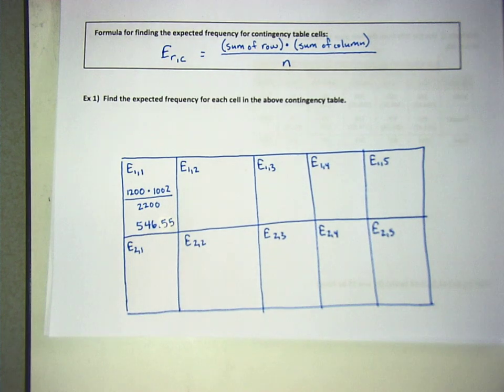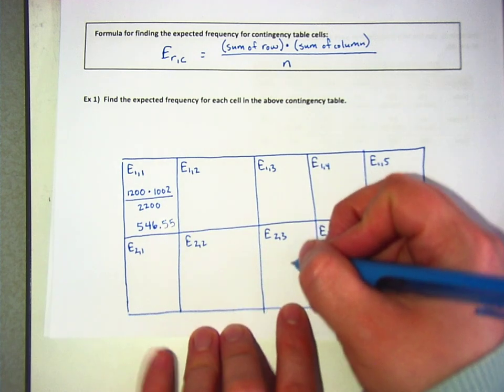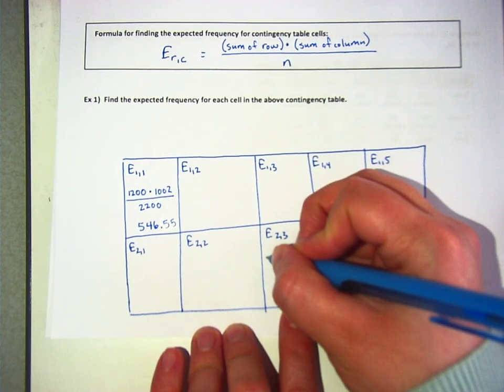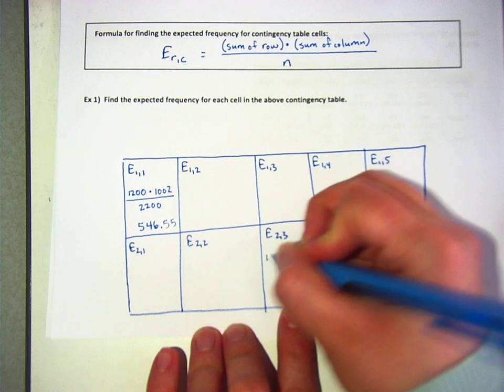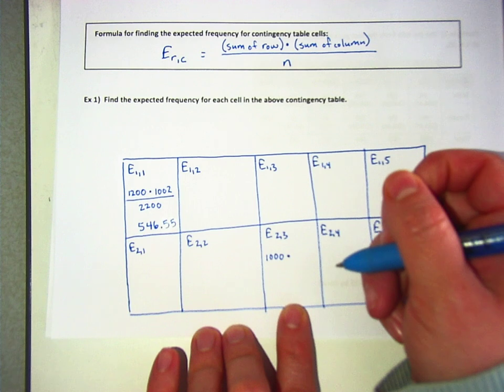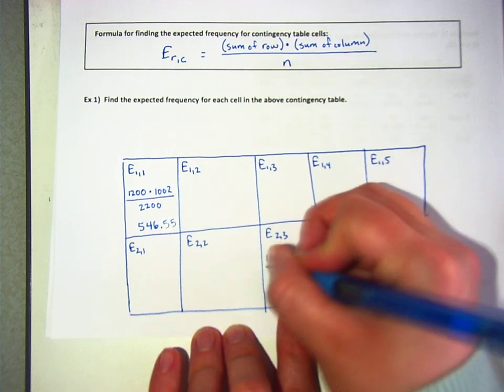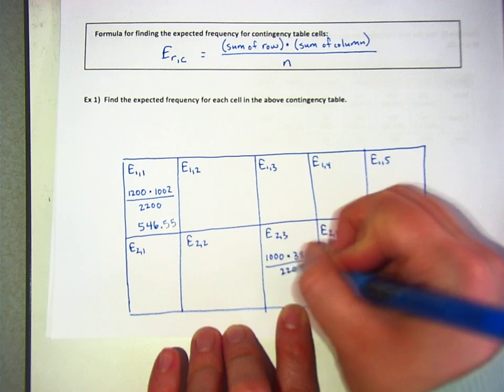Okay, let's try this one, the 2,3. What is the summation of row 2? 1,000. And what's the summation of column 3? Good. Then you divide by 2,200 again.